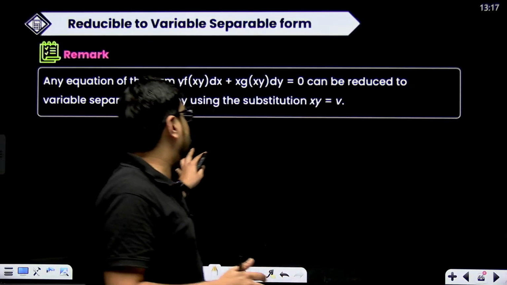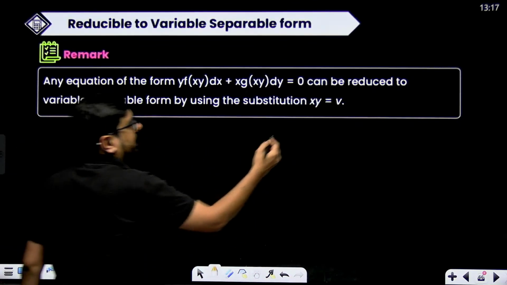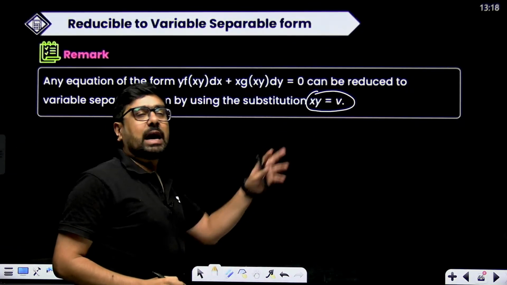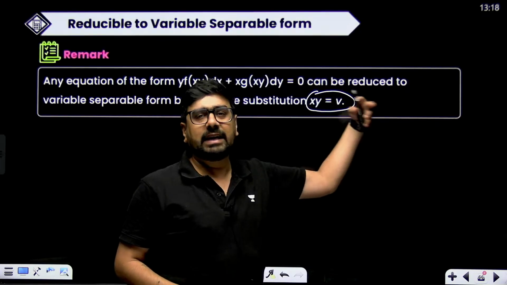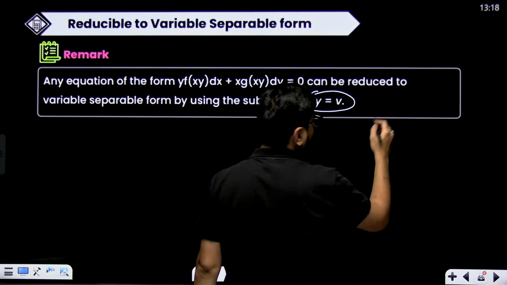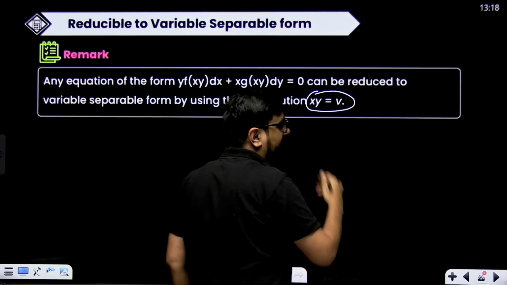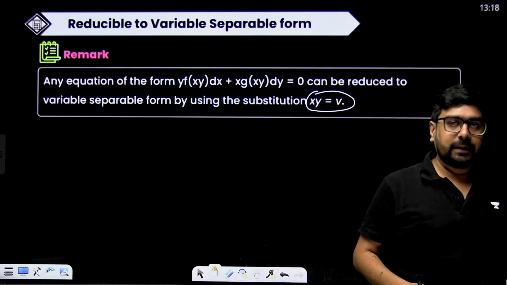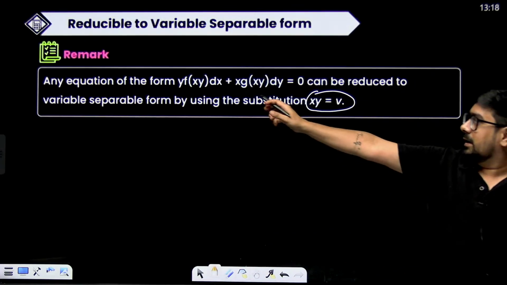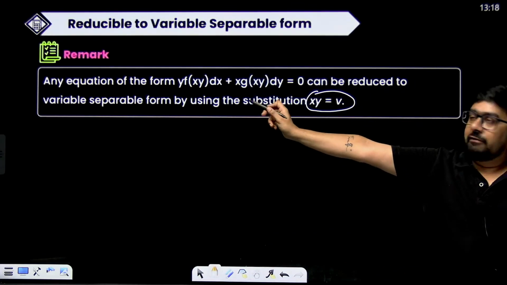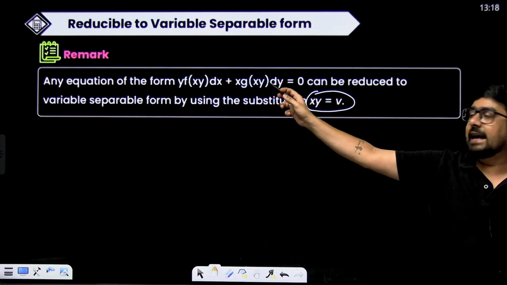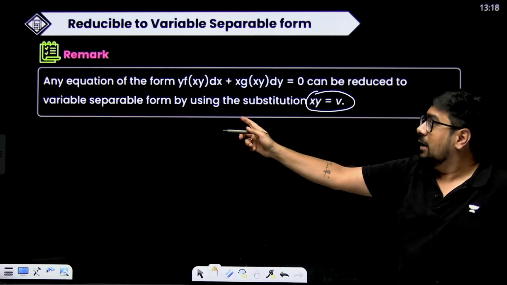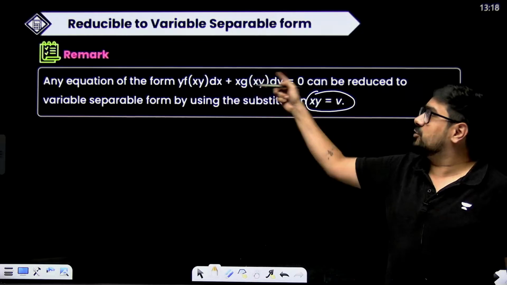In this case also, you can substitute xy as something else like t or v. Here they have used v, so let's do v only. So just pay attention to the form. With y you have dx, and with x you have dy.